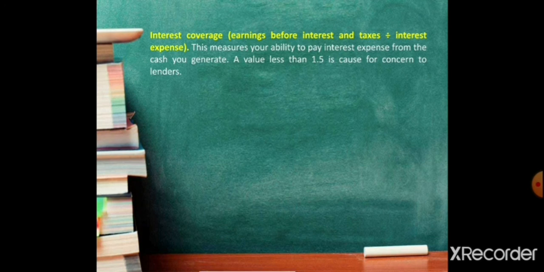This ratio expresses the ability to pay off interest expenses from cash generated in the business organization. A value of interest coverage below 1.5 is cause for concern to lenders. Lenders means those who have lent money to the business organization.